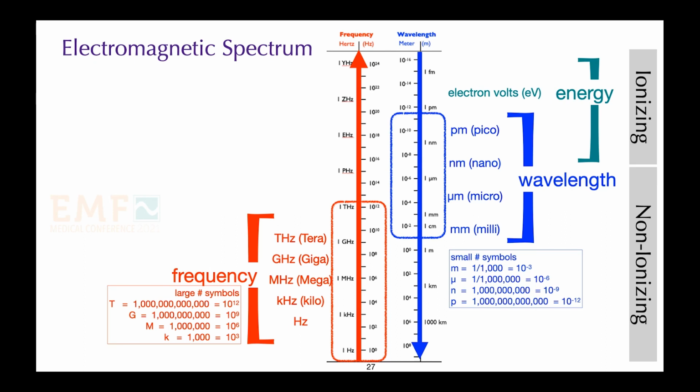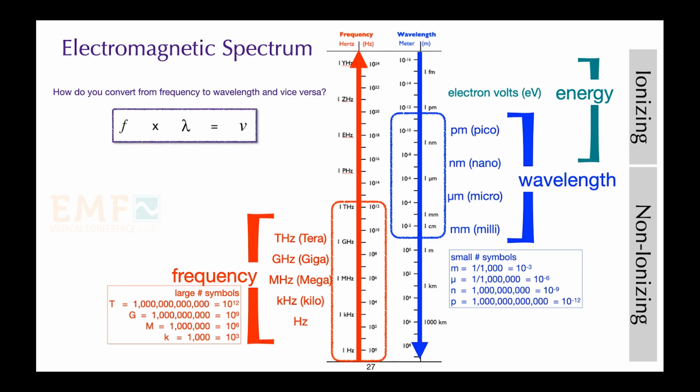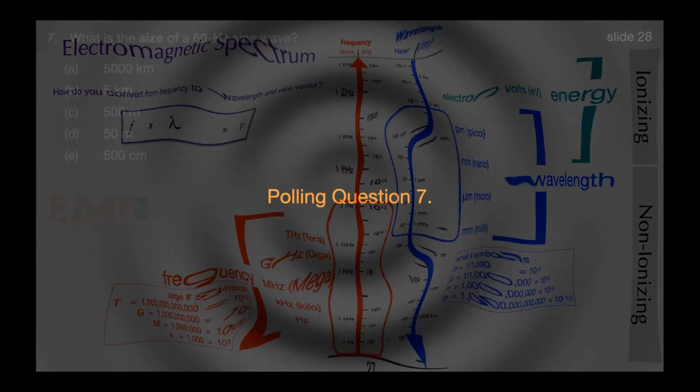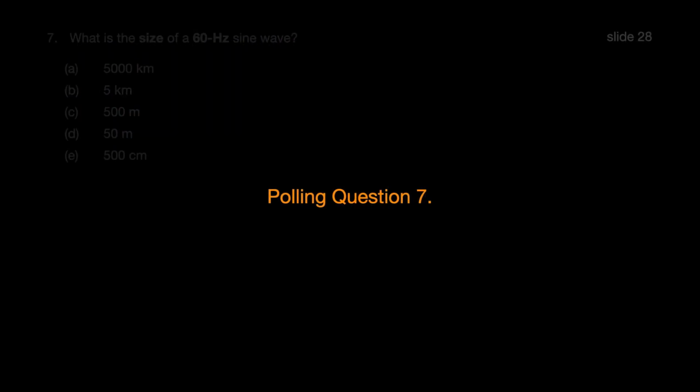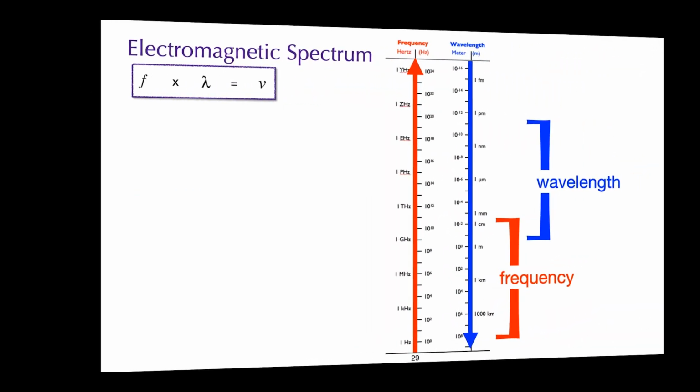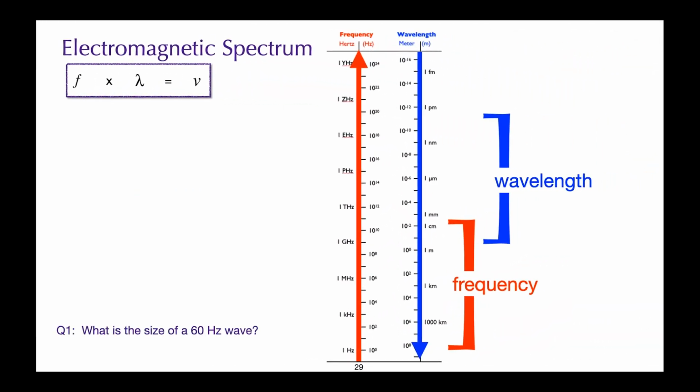Being able to convert from frequency to wavelength is important, and there is a very simple equation. Frequency times wavelength equals the speed of light. To answer this question, what is the size of a 60 Hz wave?